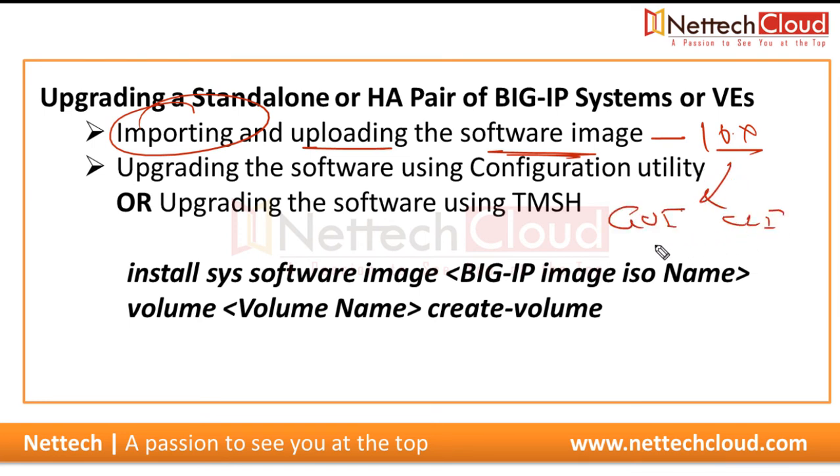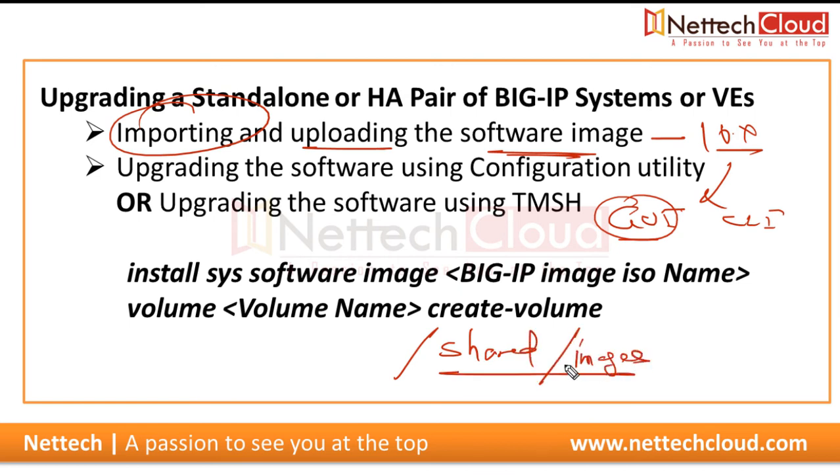So there are two different ways to import the software image, and it will be imported in the shared images directory, right? Once successfully imported or uploaded, we will find the new software image there in the shared images directory, right?